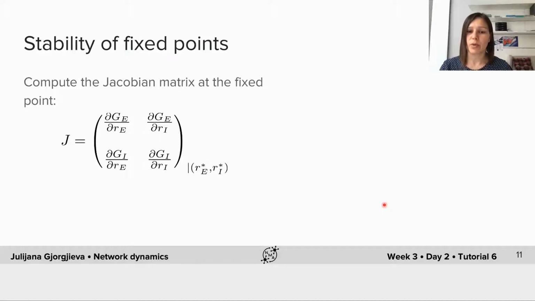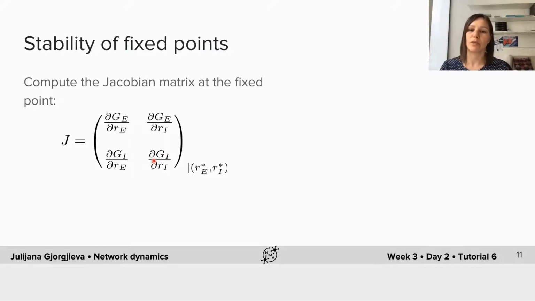We do the same approach for the two-dimensional dynamical system, but here the linearization has to be done in the two-dimensional phase plane. To do this, we have to define the concept of a Jacobian matrix that effectively has us compute the derivatives of these two populations, GE and GI, these nonlinearities that we defined to be the expressions on the right-hand side of the equations on the previous slide, that effectively are the linearizations along the excitatory and the inhibitory direction in the phase plane.